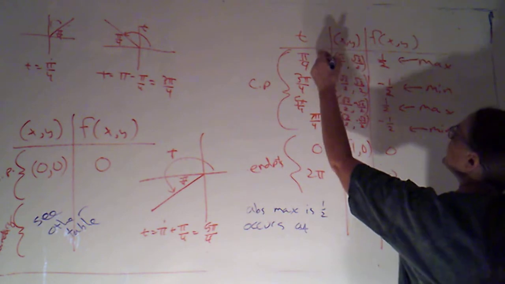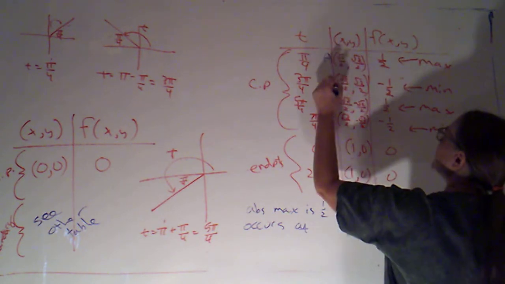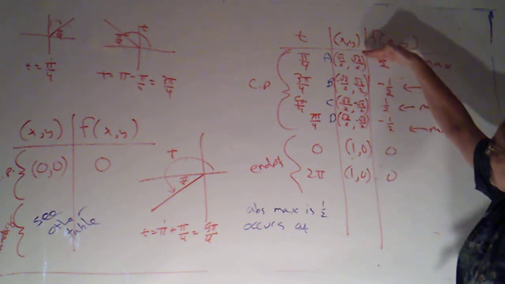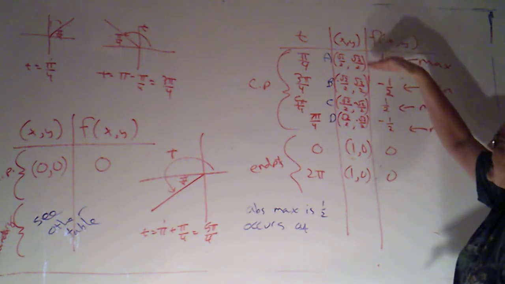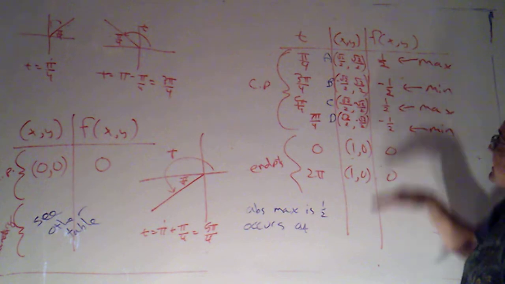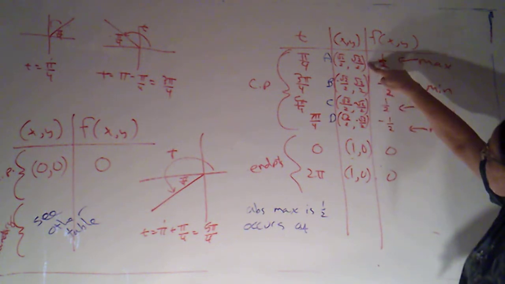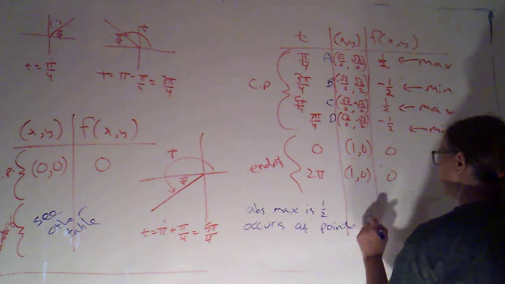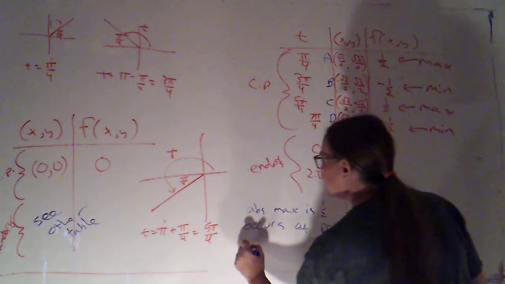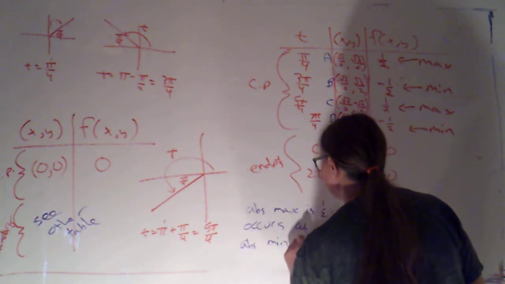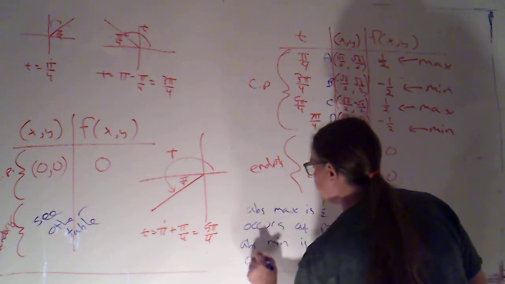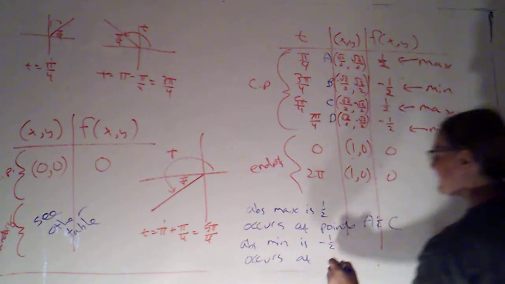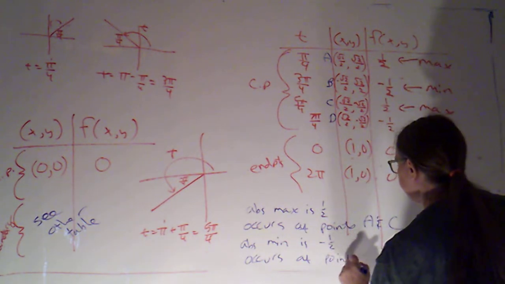What I can also do, and I'll sometimes do this, when I've got lots of points and they take a while to write, I've just sort of labeled my points A, B, C, and D. And so the maximum occurred at point A and C. The absolute min is negative 1/2, and it occurs at these 2 points, so at points B and D.